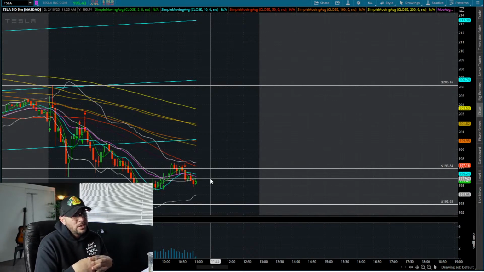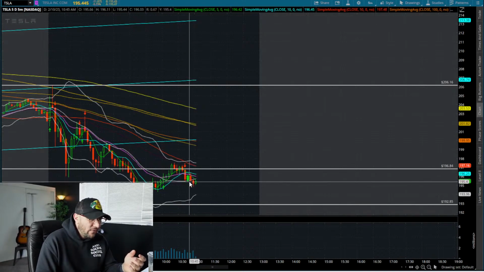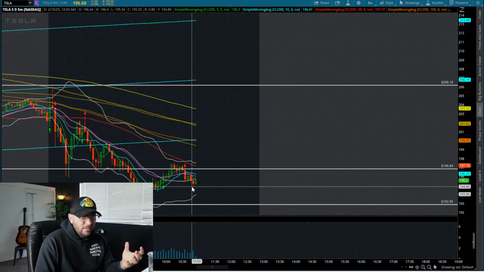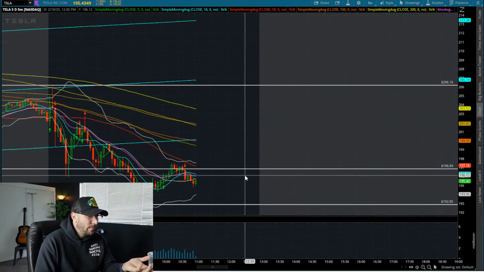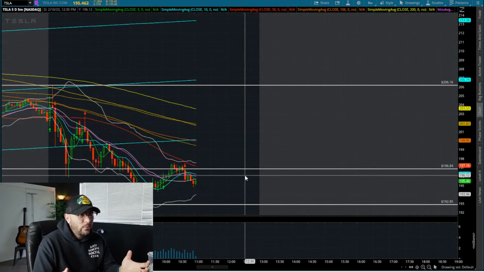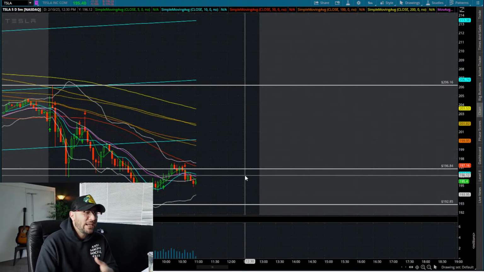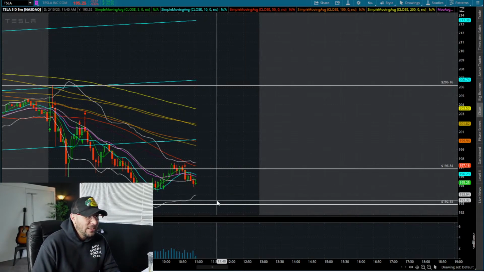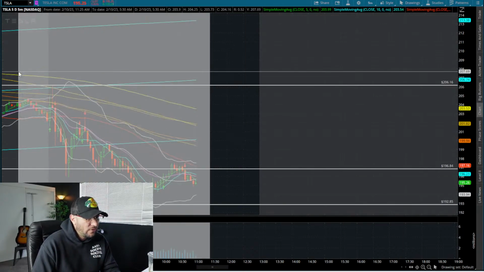If I would have gotten in right on the break here, for example, at 195.44 and caught the move down to 194.86, it would have been a nice little trade. Not saying it would have been a lot, but maybe 60, 70, $80 on one lot size with low risk. Well worth it. So just still sitting here, getting rejected off of this 5 SMA.